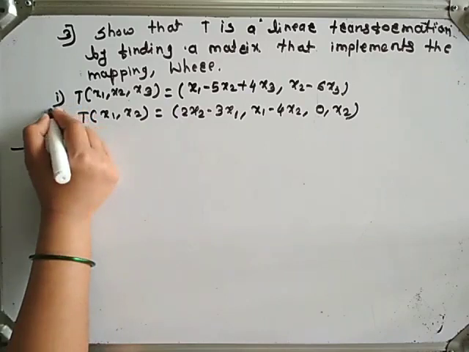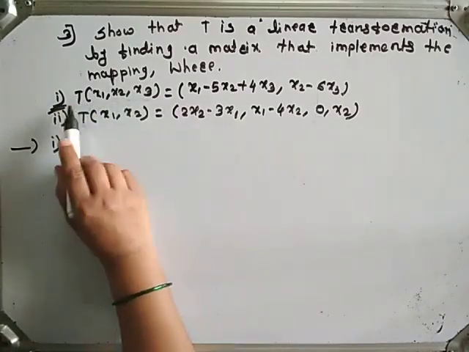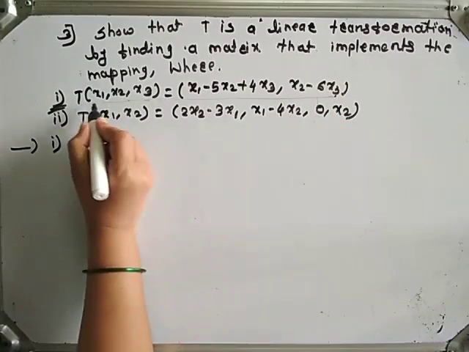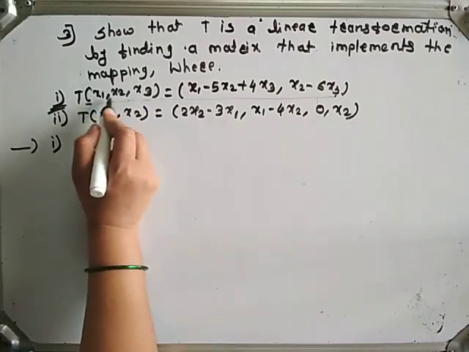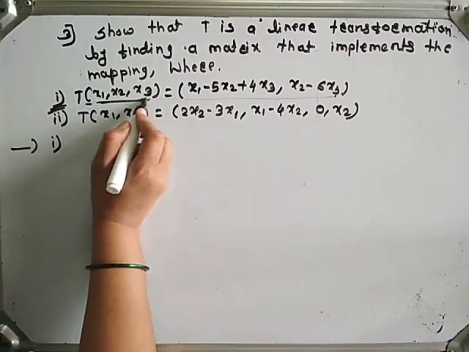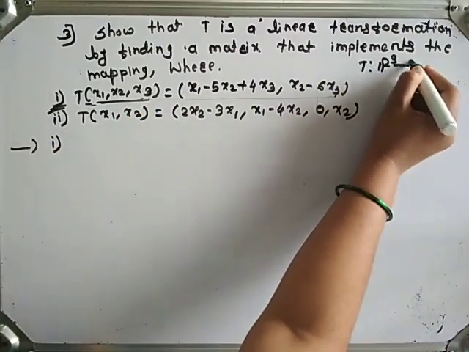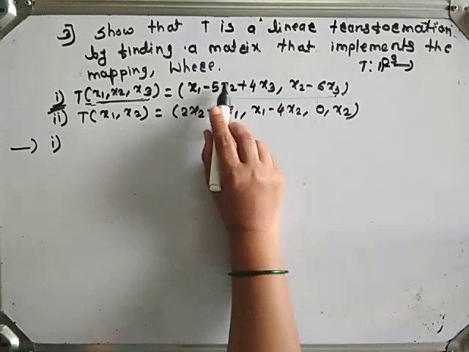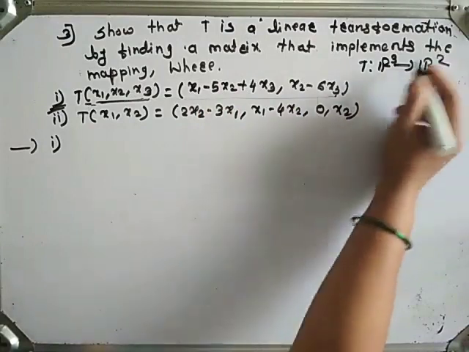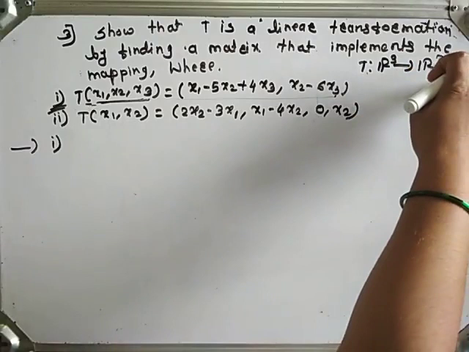We solve first part. Here we have to find standard matrix for the linear transformation. Here T of x bar. Coordinate of x bar is 3, so T is a linear transformation from R3 to R2, since the coordinate of this vector is 2.